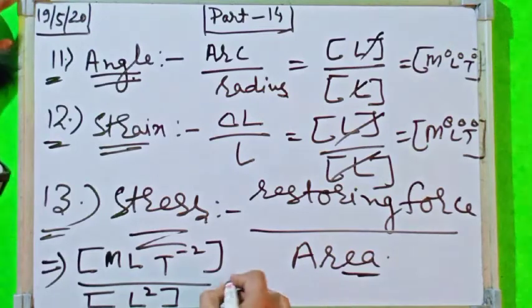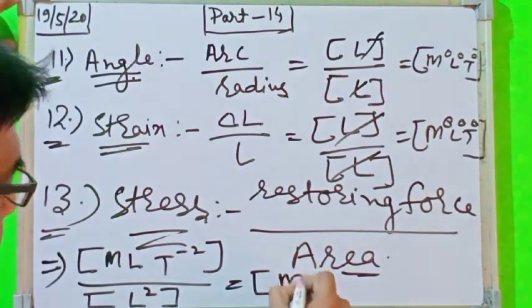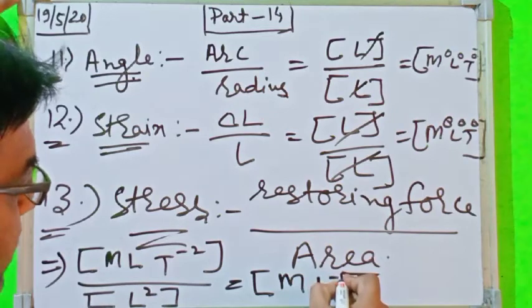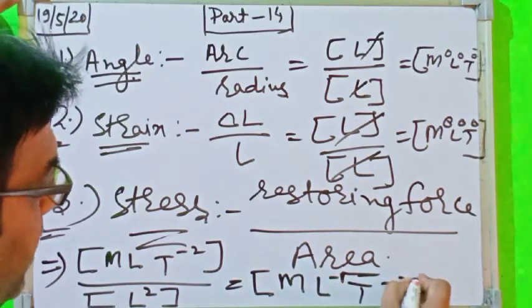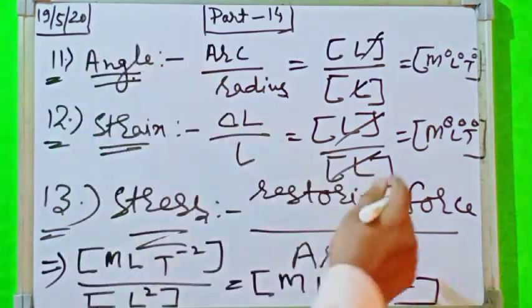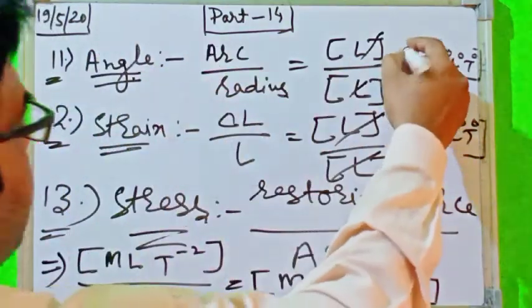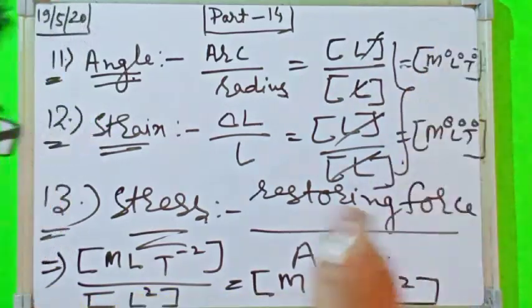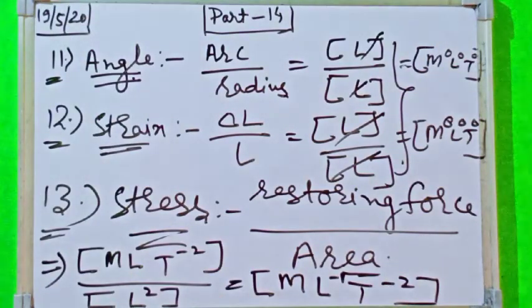So the dimensional formula is M L^-1 T^-2. Similarly modulus has the same dimensional formula. Angle and strain are both dimensionless quantities having no dimension. Now stress, that is restoring force upon area, and modulus of elasticity.